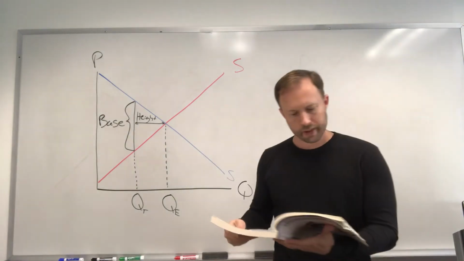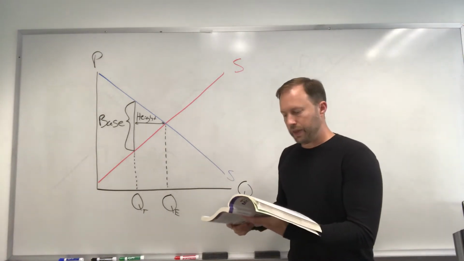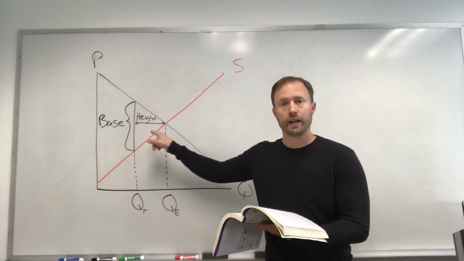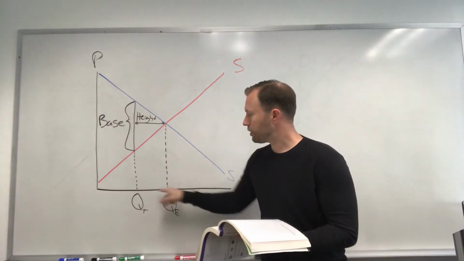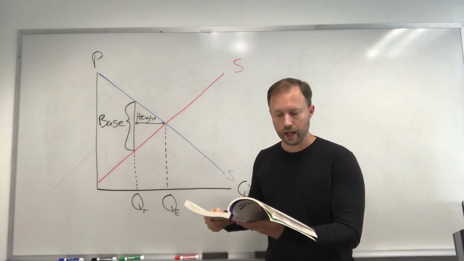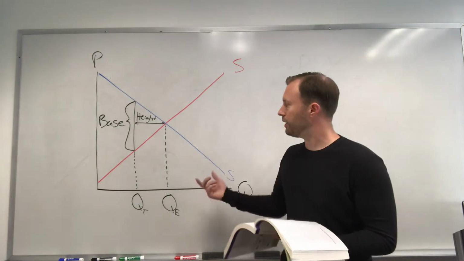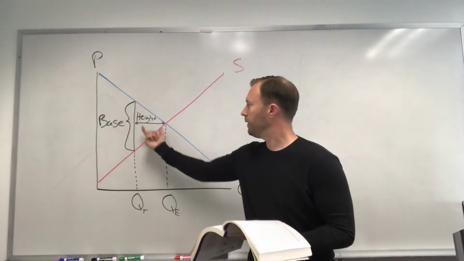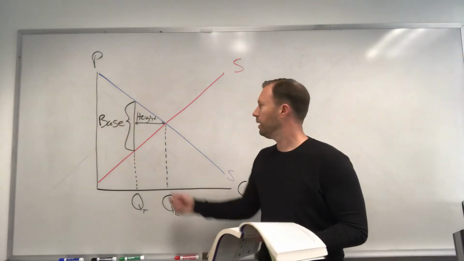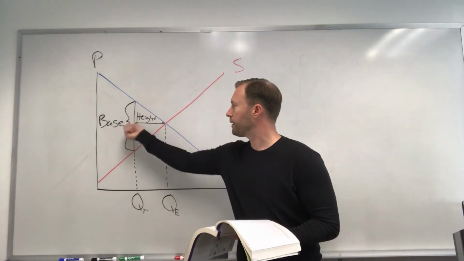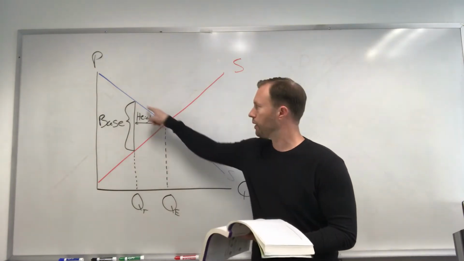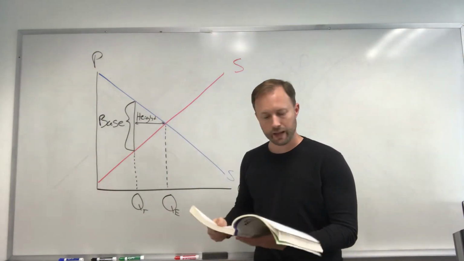And then with regards to the height, the larger the number of discouraged transactions, or the larger the number of transactions that no longer happen because of the tax, the larger the deadweight loss. And that's also true. The more units you discourage people from buying, the taller this triangle is going to be, and so the larger the area is going to be captured by that deadweight loss triangle.